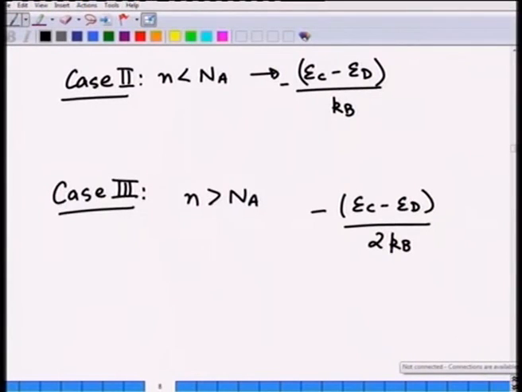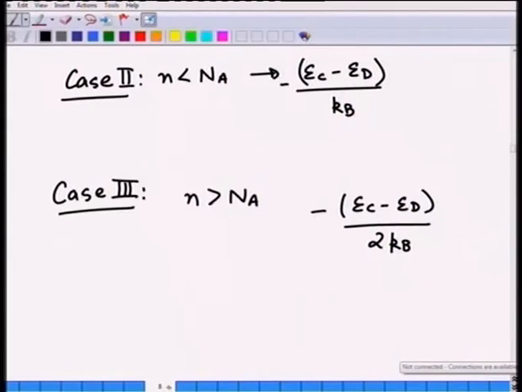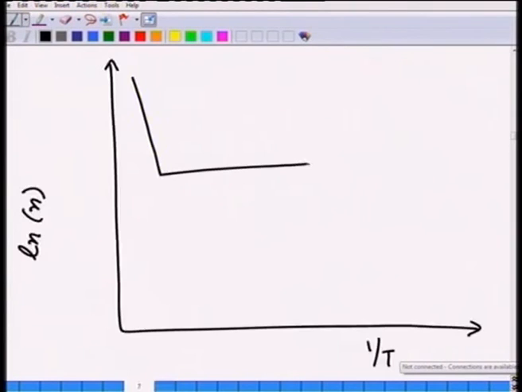So slope will become half in magnitude when n is greater than Na, and slope becomes more when n is less than Na. So, the way I will draw this is something like this, and then something like this. At some point here it is changing.